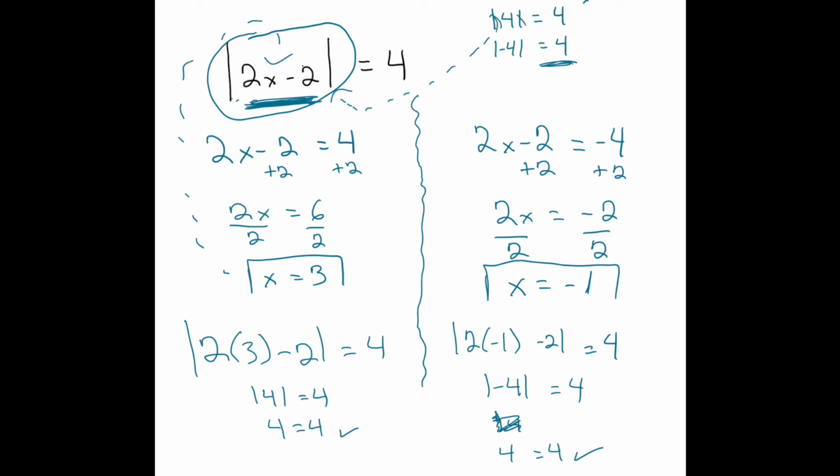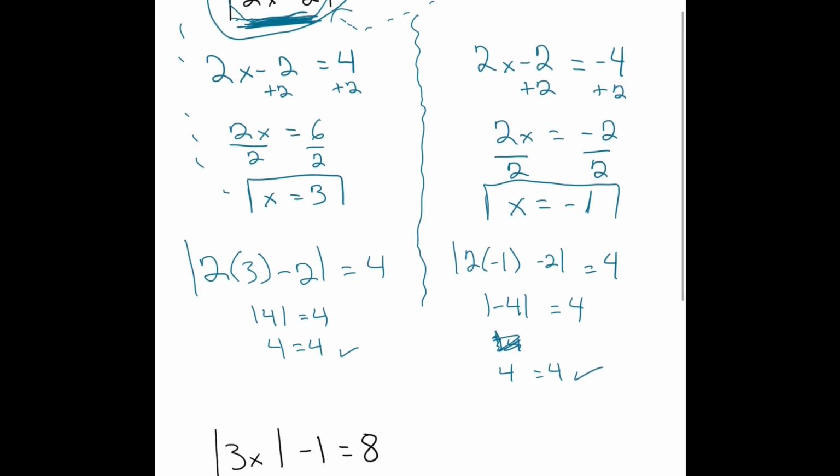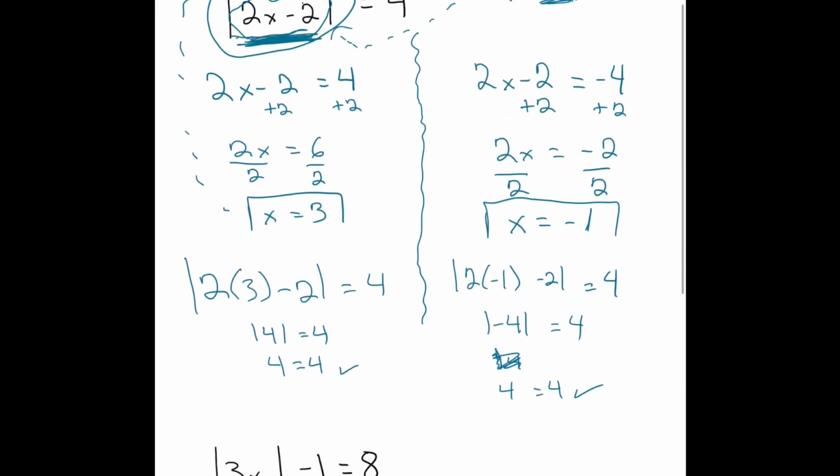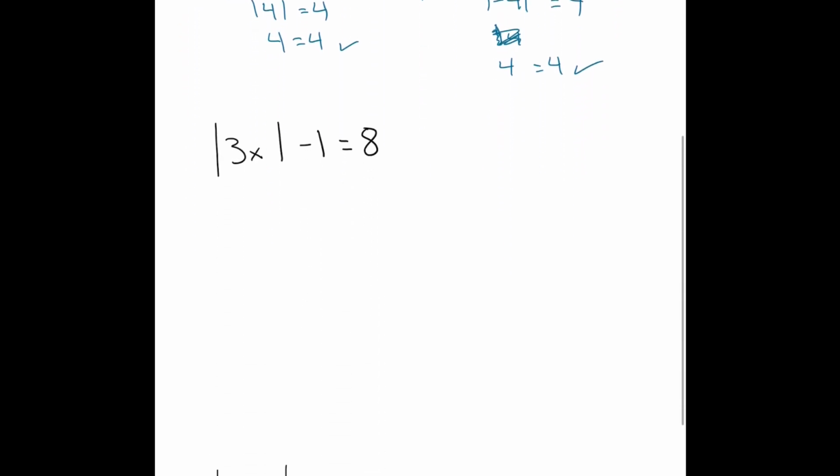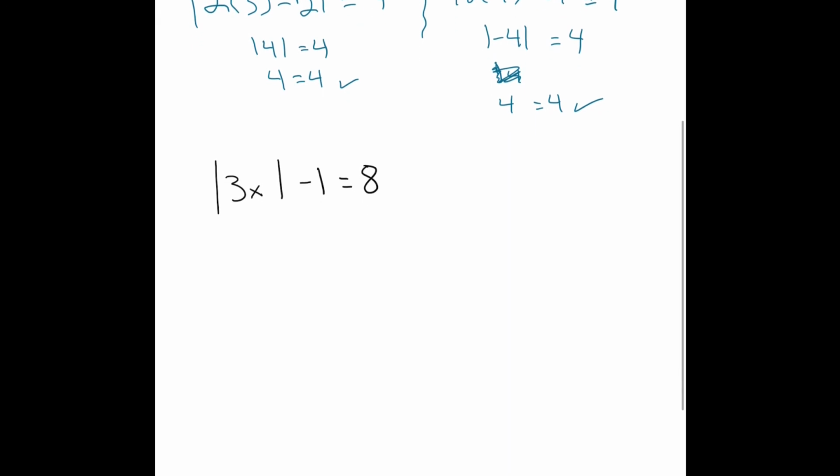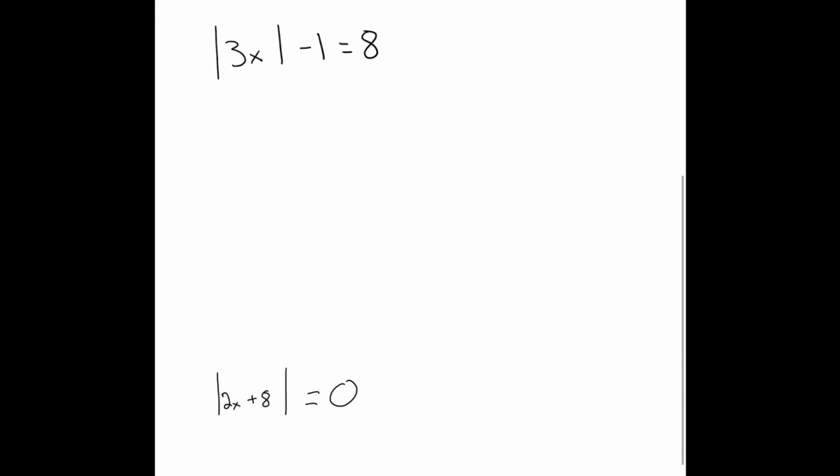So that's why we can say that this has to either equal 4 or negative 4. And that's why we were able to solve that way. We're going to do some more examples. And if it's still sounding a little tricky, go ahead and check out that last video. But I'm going to keep doing more problems, and we're going to get it.